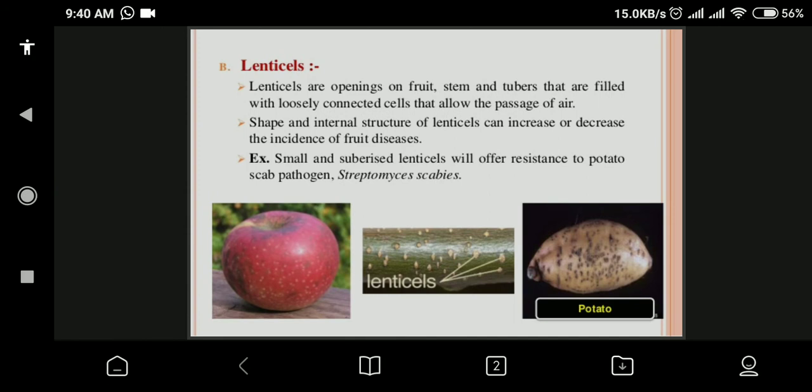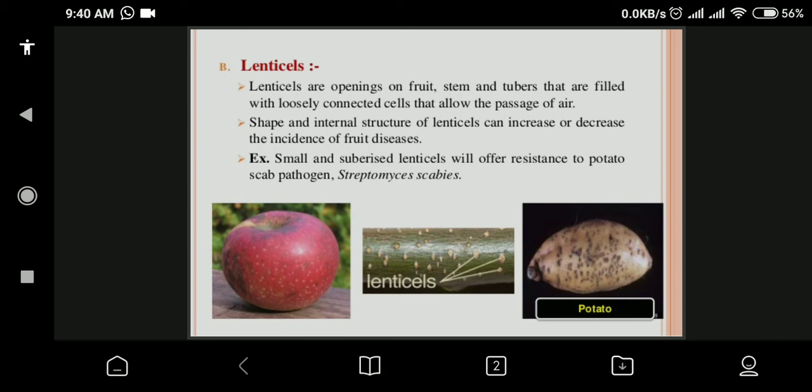Now it is lenticels. Lenticels are openings on fruits, stems and tubers that are filled with loosely connected cells that allow the passage of air. Here you can see lenticels on an apple.